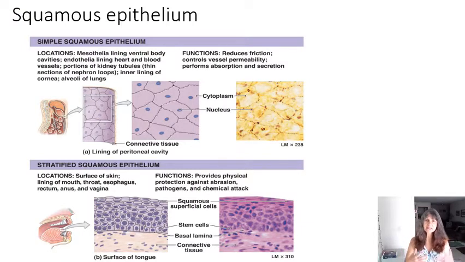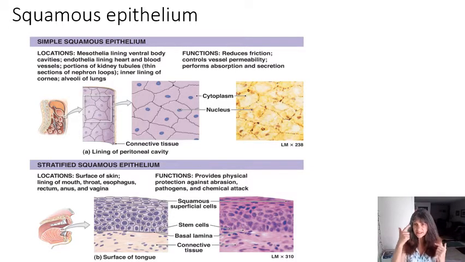In looking at simple squamous epithelium, it's important to understand where we find simple squamous epithelium. This is where we have membranes that line ventral body cavities, the endothelium, which is the inner lining of both the heart and blood vessels, parts of kidney tubules, inner linings of the cornea.